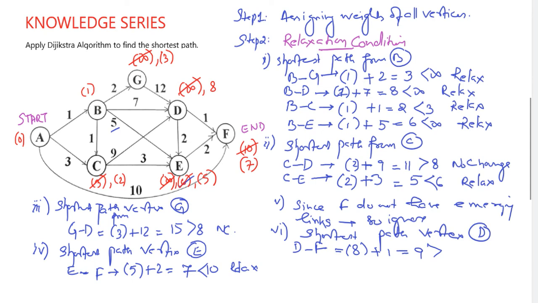So 9 is greater than 7, and there is no change. And D to E is 8 plus 2, which is 10, which is greater than 5. So no change. So all the link weights have been attained.